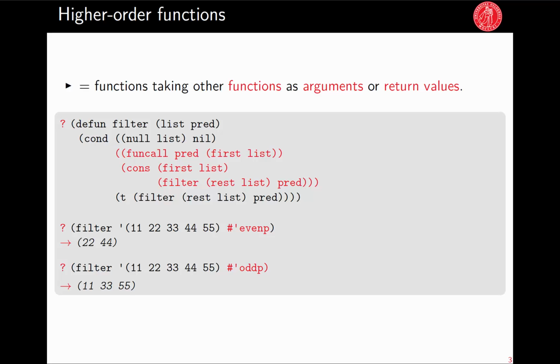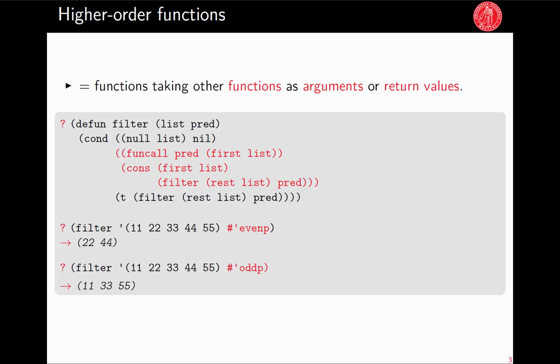If that test isn't true, if the list isn't null, we go on to the next test in the cond expression. And here we actually call this predicate that we've been given as an argument, and we call that predicate on the first element in the list that we're given. That's the funcall expression here. So we use funcall to call the predicate on that first element.